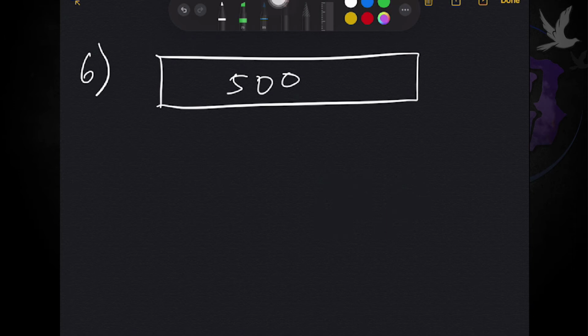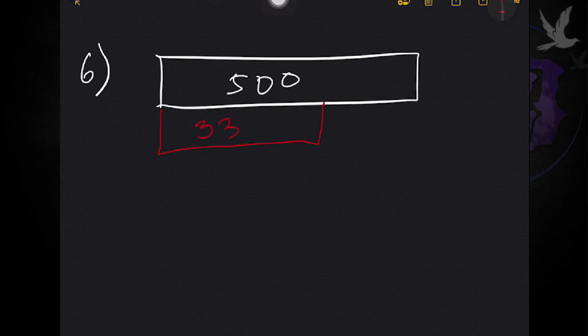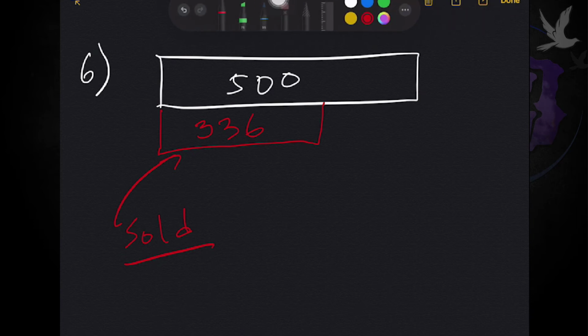So we have the same scenario here. Again, she sells 336 of them. So let's say part of it is 336. This is what Madam Wong sold. 500 is what she baked.